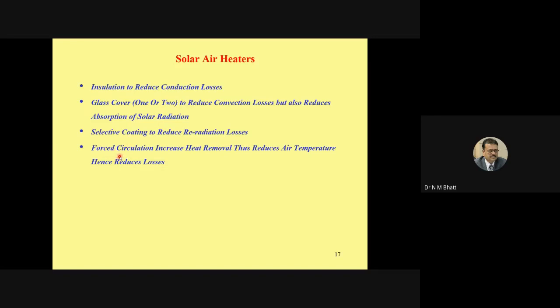And normally we go for forced circulation to increase the heat removal and to reduce the air temperature. When the air temperature is reduced, the absorber temperature also reduces, and since absorber temperature reduces, the heat loss also reduces.